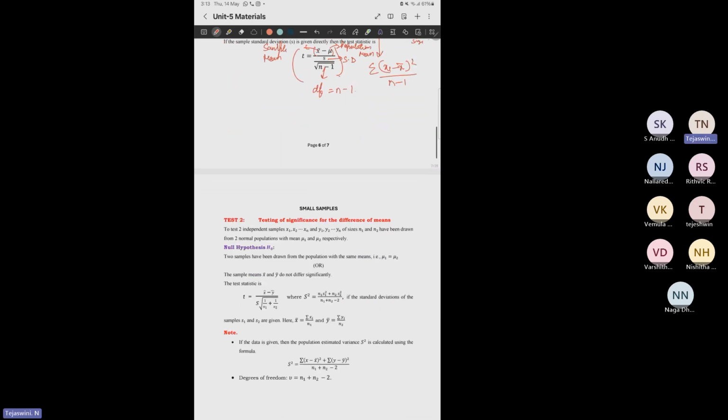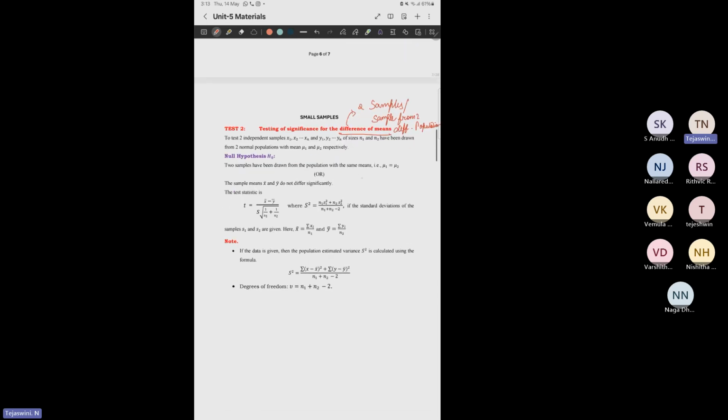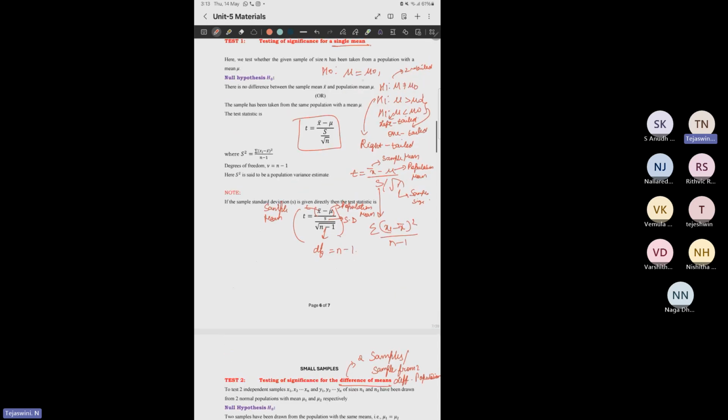And then in case of difference of means, we'll have two samples or samples from two different populations. For this, the null hypothesis is mu1 is equal to mu2. In the last case, we saw the null hypothesis to be mu is equal to mu naught.